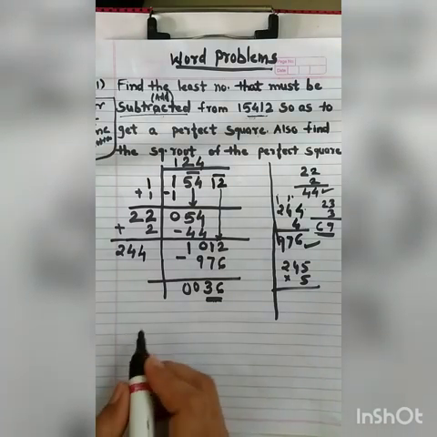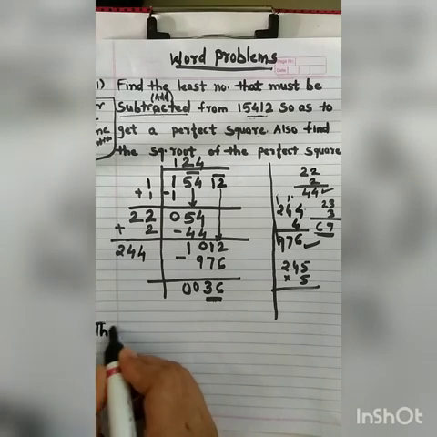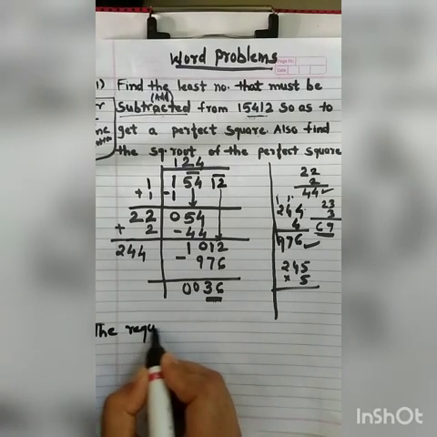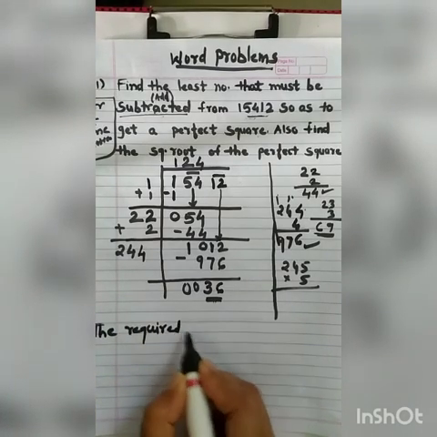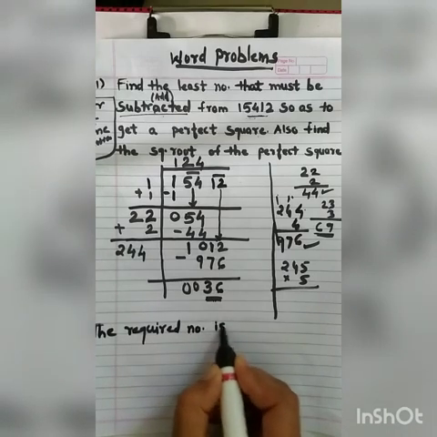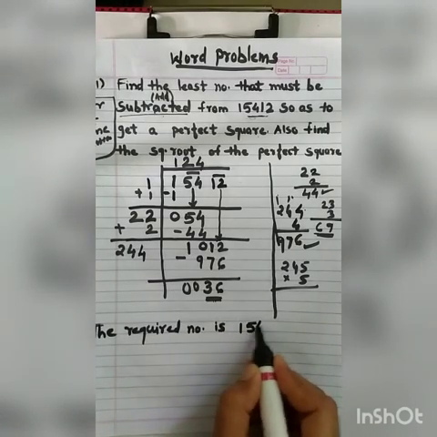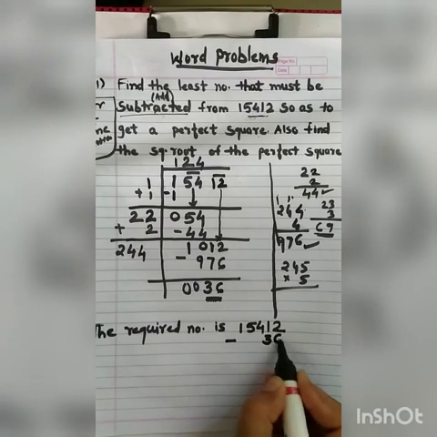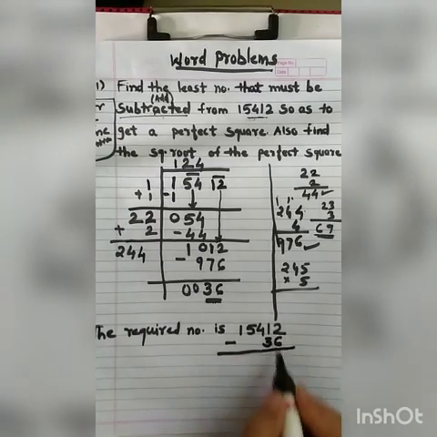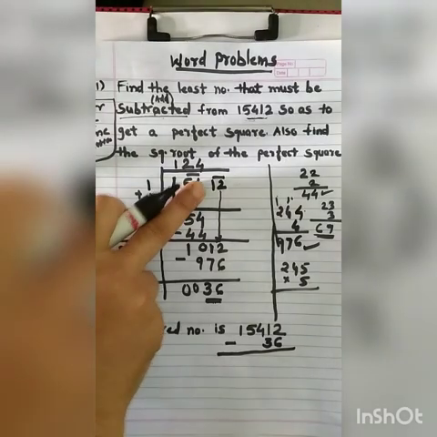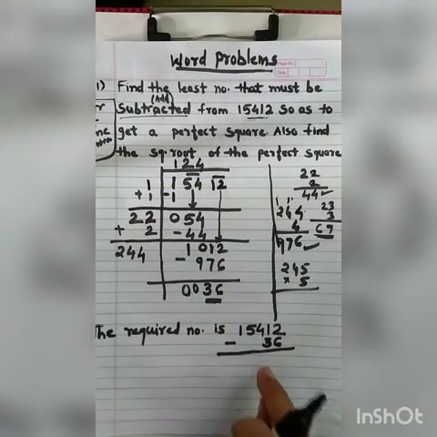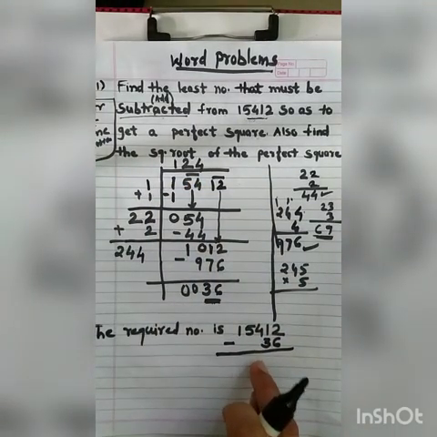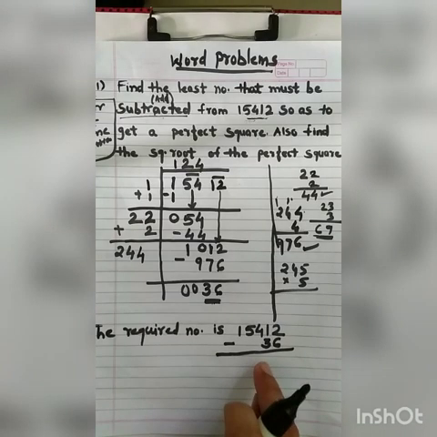The required number is 15,412 minus 36, because as we subtract 36 from this number, it becomes a perfect square number.